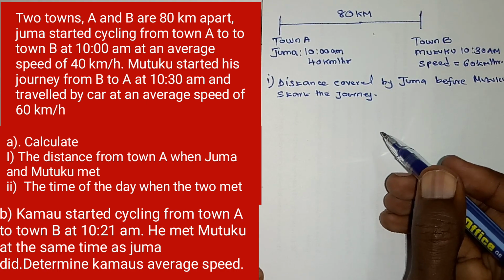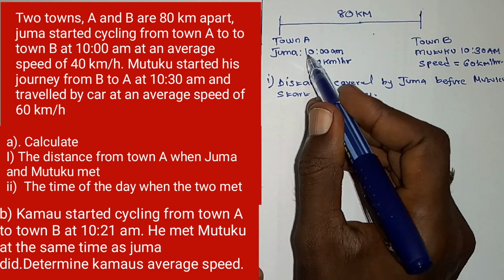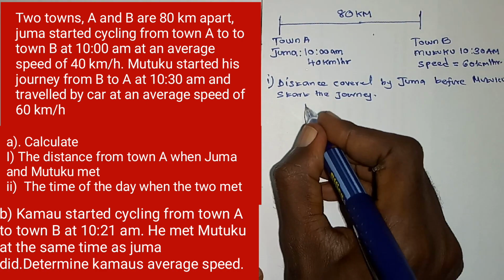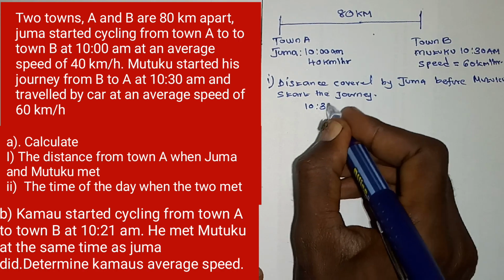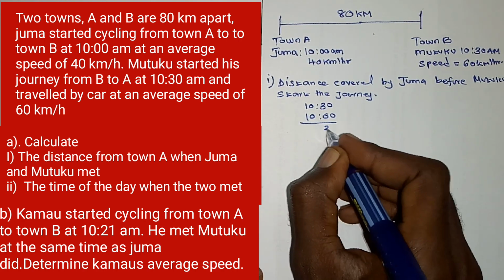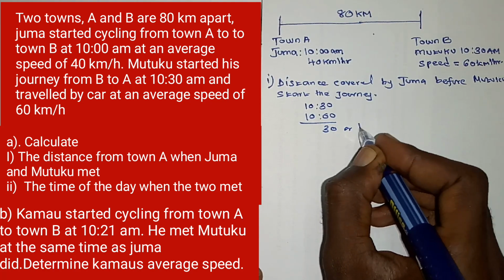Let us get the difference in time. Juma begins at 10 a.m. while Mutuko begins at 10:30. Therefore, the difference is 10:30 minus 10 a.m., which is 30 minutes or half an hour.